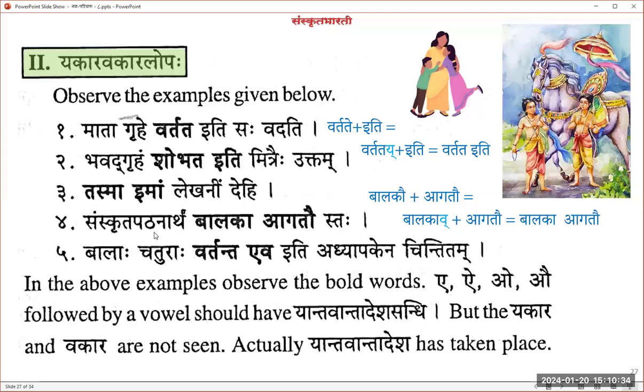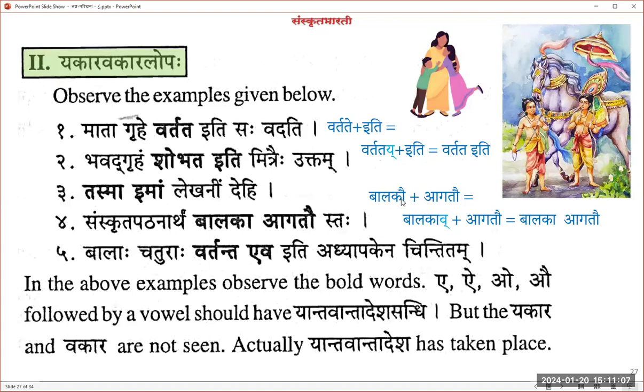Okay. Samskrita pathanartham balaka agatau staha. So what is normally balaka? What is this balaka? It's neither balika nor balakaha. This is because it is balakau agatau stah, balakav agatau stah, valopa, balaka agatau stah. Balakau agatau, balakav agatau, valopa, balaka agatau. Okay, very clear here with this kind of process.